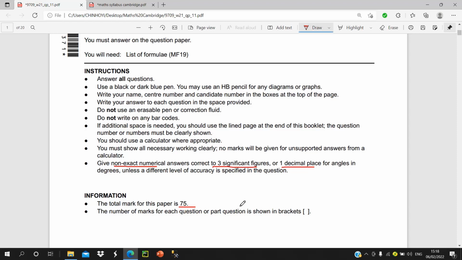If the degree of accuracy is not specified, you give your answers to 3 significant figures. So these are the most important instructions that you need to take note of.